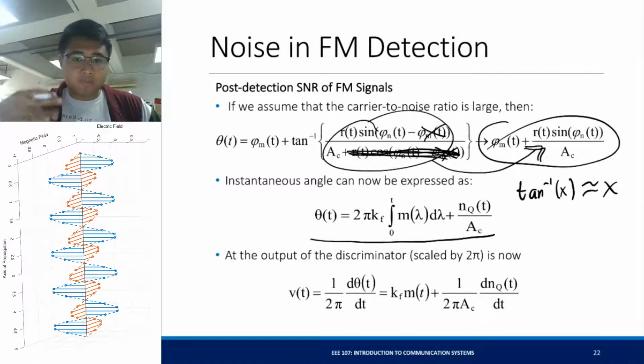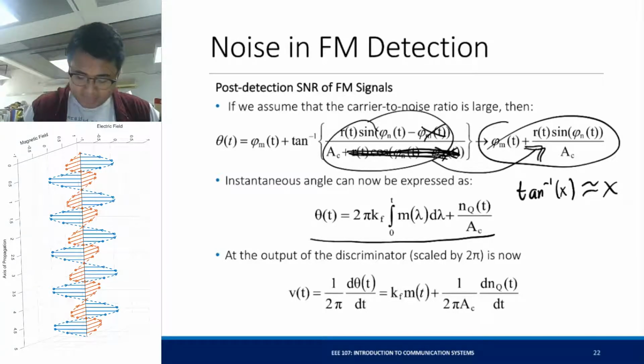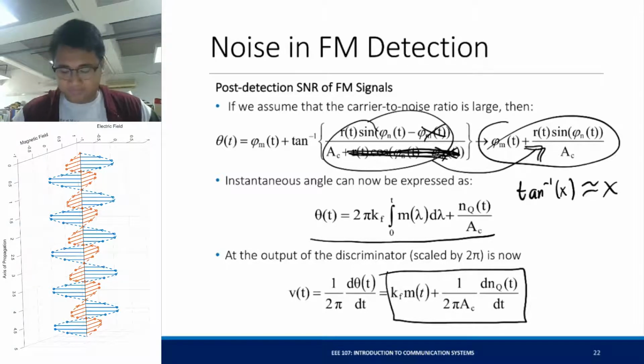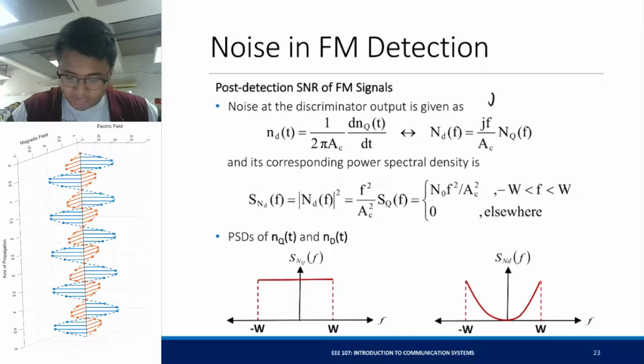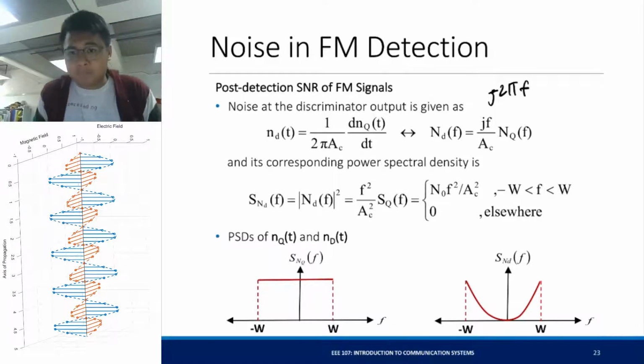And if we feed that into a discriminator, we get this value for the received signal, and this will be your noise term. So what happens to the noise? The output here is actually the derivative of the noise. If we convert that to the frequency domain using the properties of the Fourier transform, a derivative is equivalent to multiplying by j2 pi f.